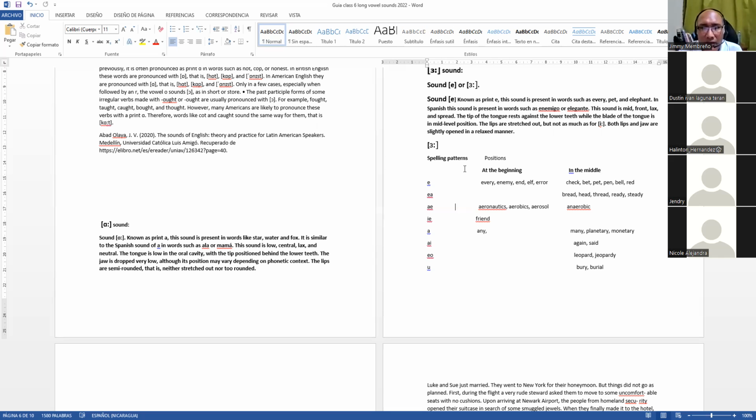Letter U is also pronounced like this, for example, when you say bury, it's not bury, it's bury. You know, bury is enterrar. Let's bury the seed.